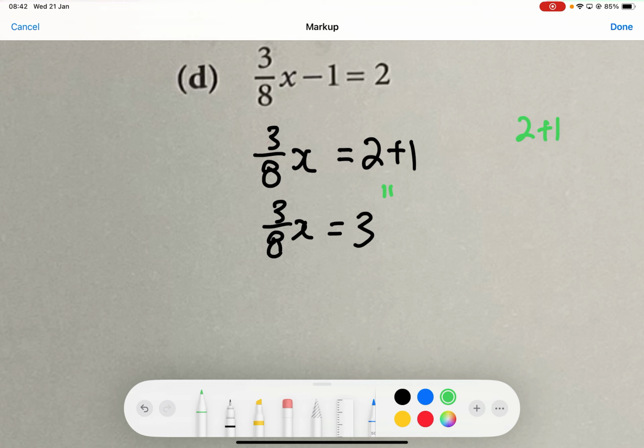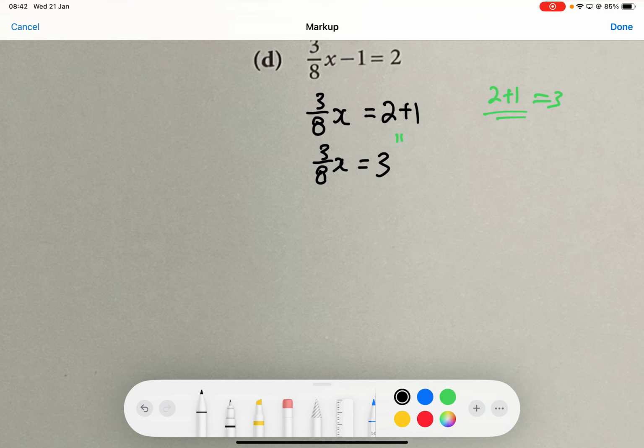Instead of writing it horizontally, I write it vertically. Right hand side, keep going right hand side. Okay? This is the proper presentation. Right side keep equals to right side. Left side keep equals to left side.